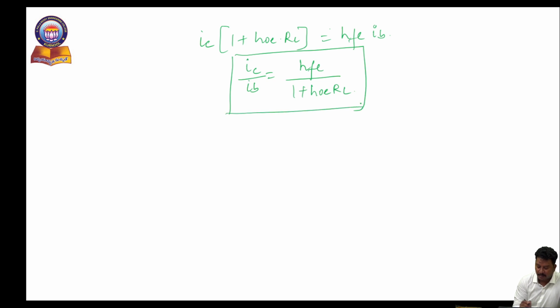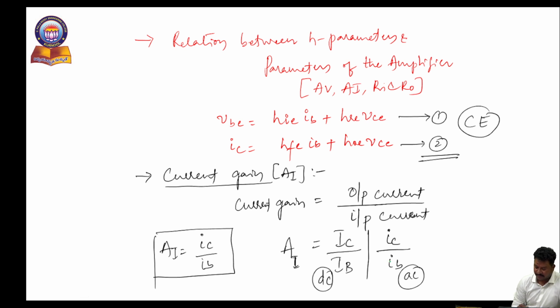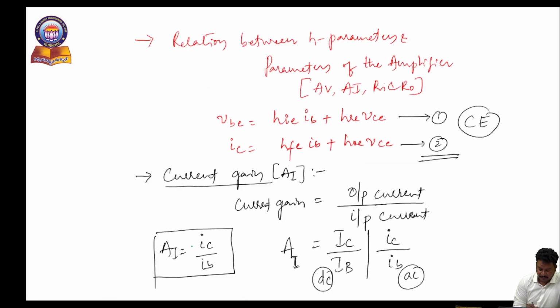But according to the definition of current gain, as we know, it is minus IC by IB, as in the previous slide, the basic definition. Here we have to indicate the minus sign. Why we have to represent the minus sign, I will explain in two ways. As we know that IL is equal to minus IC, and here also we have to consider AI is equal to minus IC by IB.